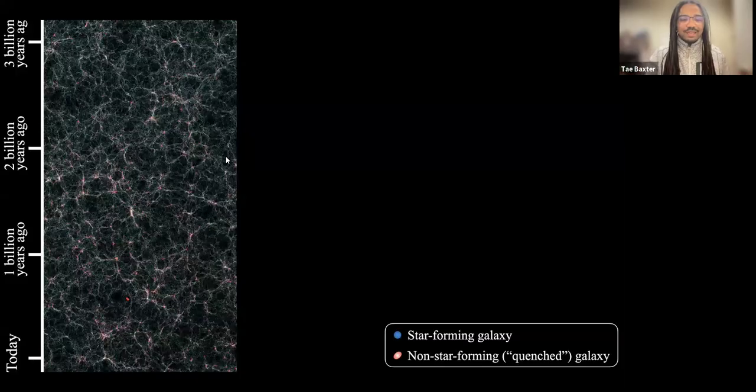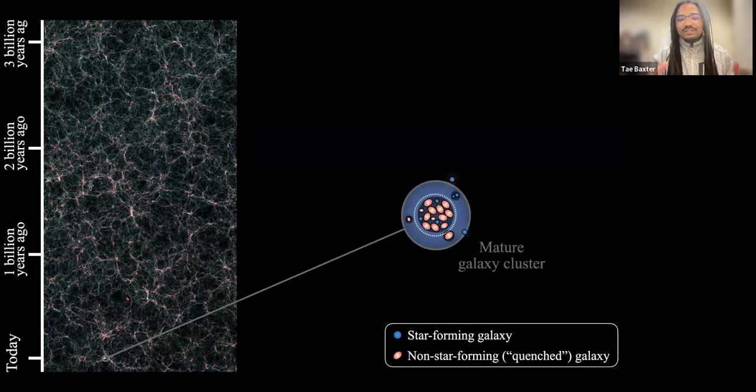To show you this with a diagram, here to the left, you have a visualization of the large scale structure, the cosmic web of the universe today, and then you can point out a node where a galaxy cluster might live. So the picture that I want you to have of the clusters today is that they're fairly collapsed.